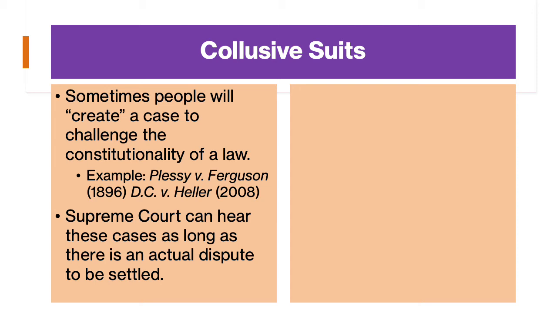The state of Louisiana, the legislature of Louisiana, supported the Separate Car Act. They thought that was a good law. And so there wasn't collusion. The state of Louisiana was fighting to support those laws, and Plessy and others were fighting against those laws. So there's an actual case and an actual dispute to be settled.